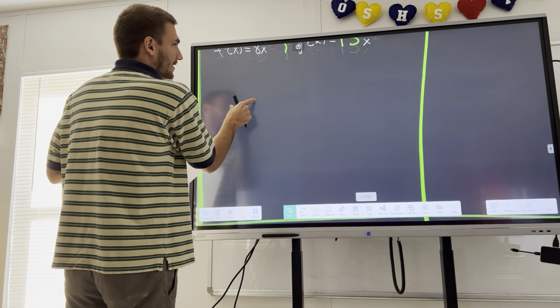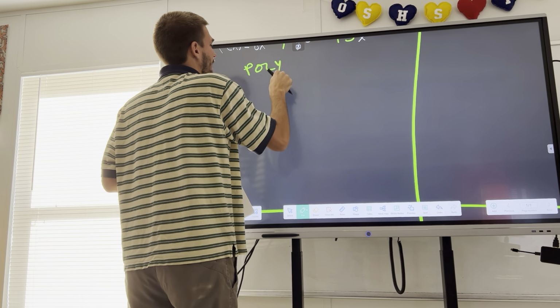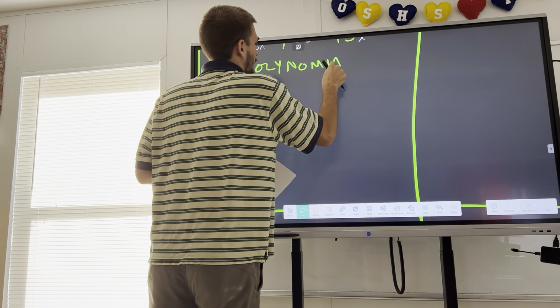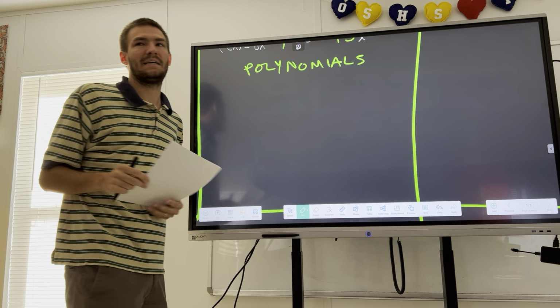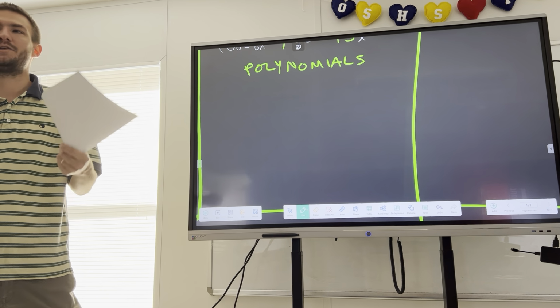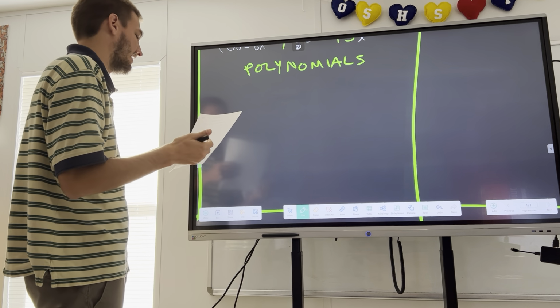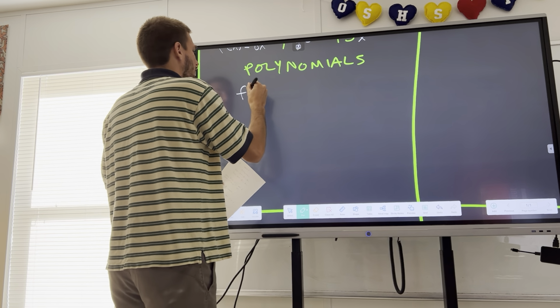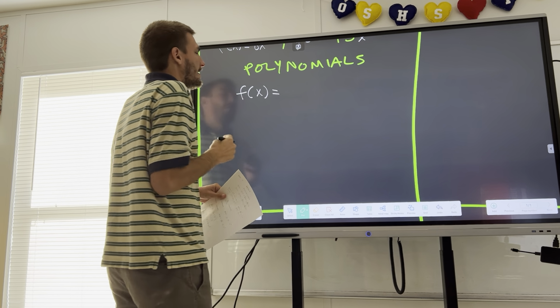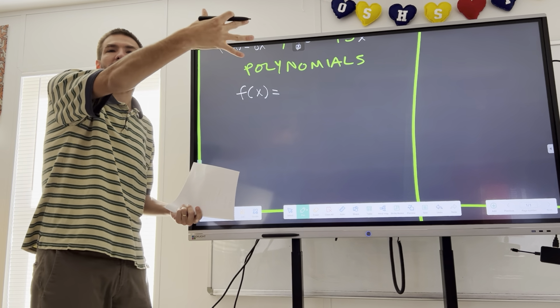Now, what if we have polynomials? Because again, we can't just do these questions where it says 5x squared and we can do them in 3 seconds, right? We surely have to get more complicated than that. So a polynomial is basically going to be a string of math, right?